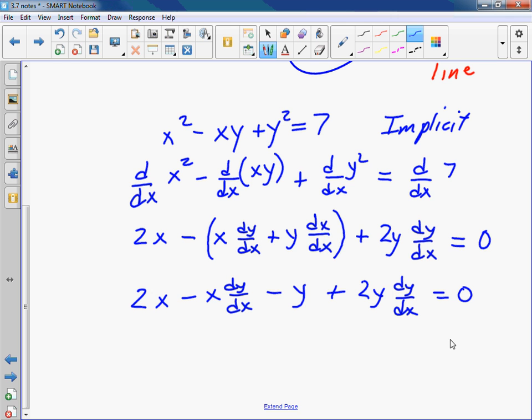So we will then get the opposite of x dy dx plus 2y dy dx equals y minus 2x.